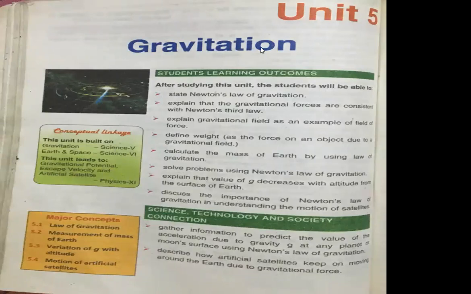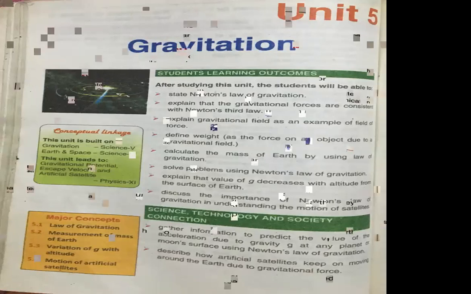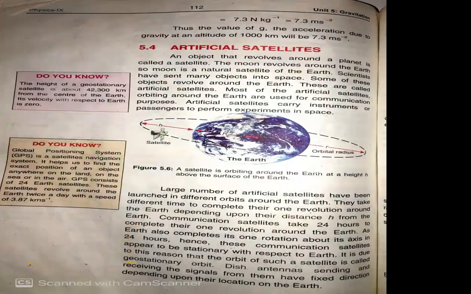The chapter name is gravitation. Today's topic is 5.4 artificial satellite, which we are going to study on page number 112. Please open page number 112. I'm saying it again and again.